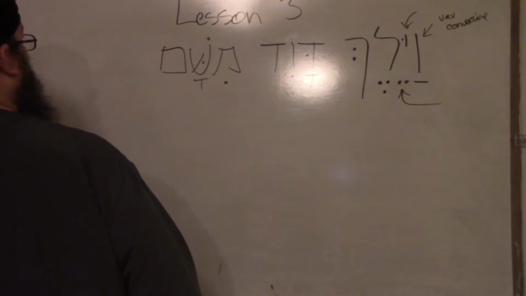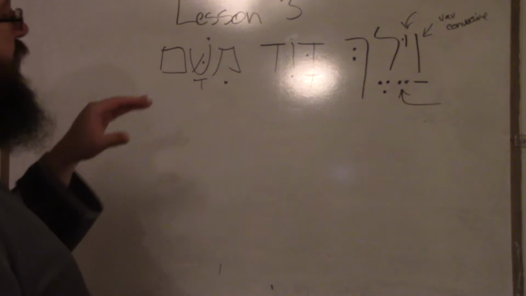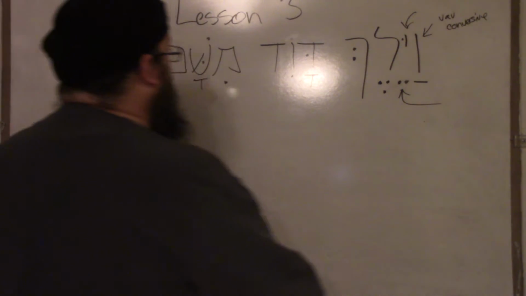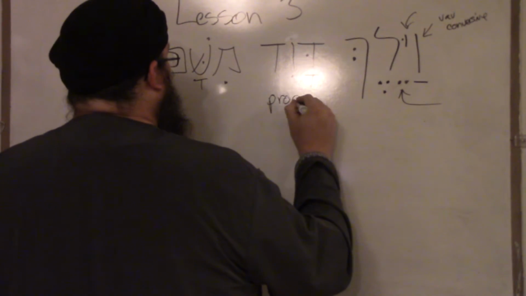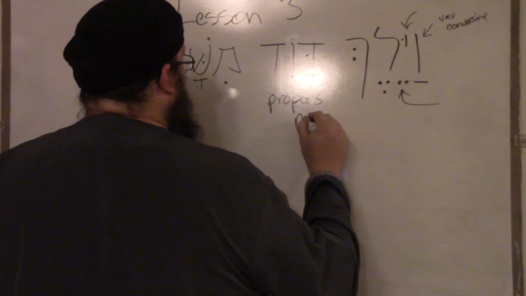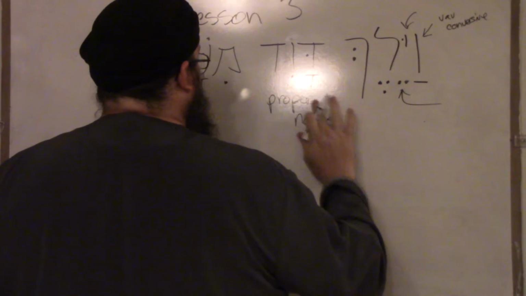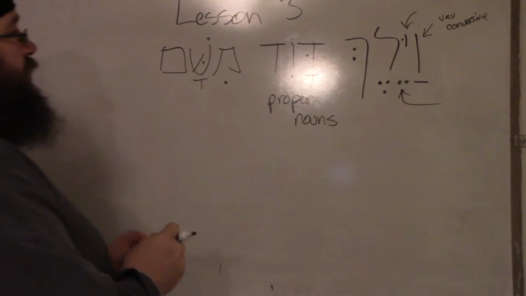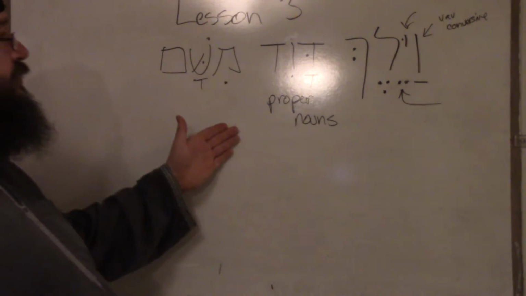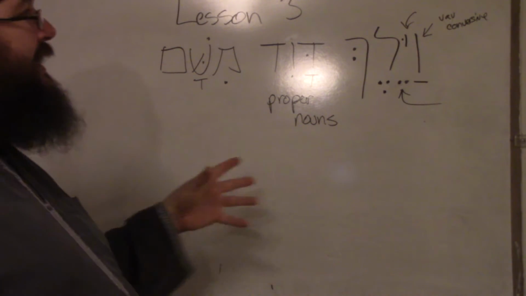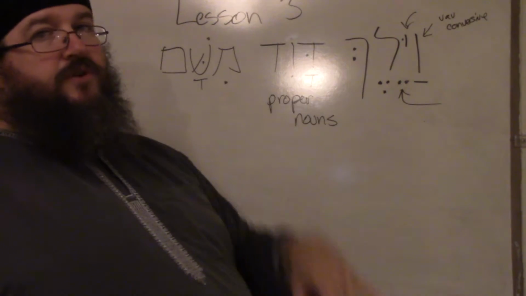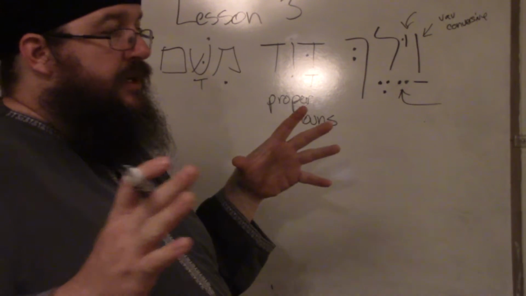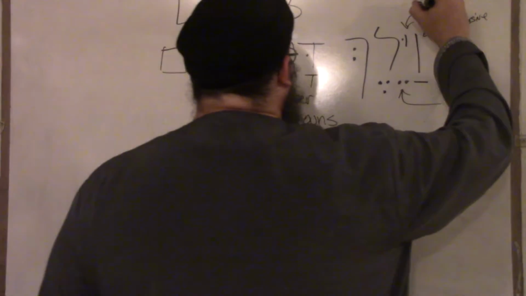Now, another thing to remember is that David is our proper noun. When we're dealing with proper nouns, typically when we see one after a vav conversive, it is the subject of the verb. And the only way to prove it is to go back here and ask, what is this?